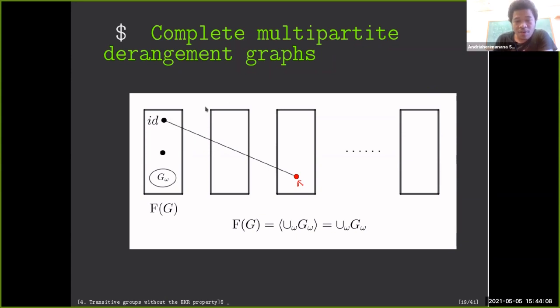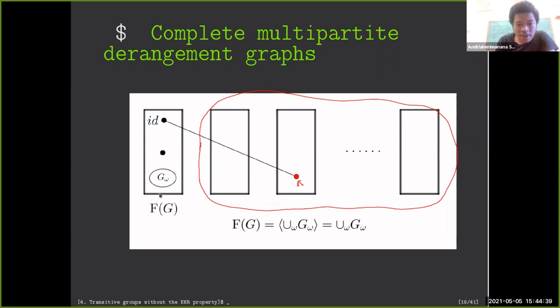So all of the permutations in these parts are all derangements. And so if we take a permutation that doesn't have a fixed point, and we restrict our derangement graph to be a complete multipartite graph, then everything that has a fixed point must be in the same part as the identity. And in particular, a point stabilizer is here.